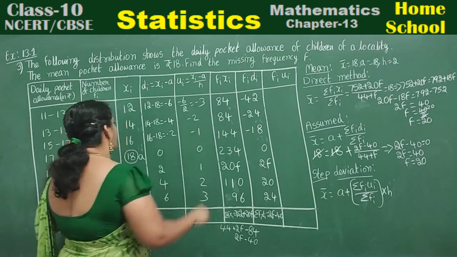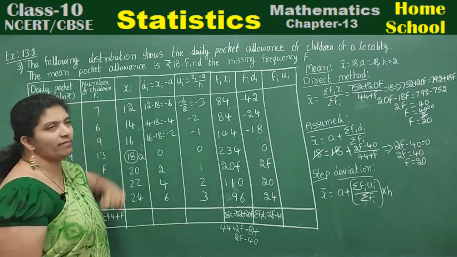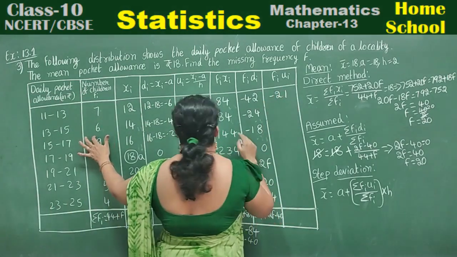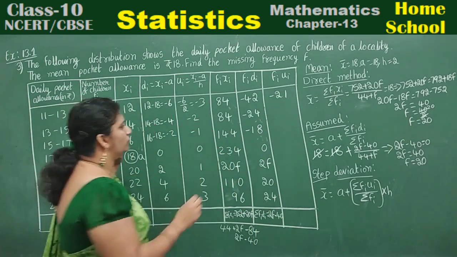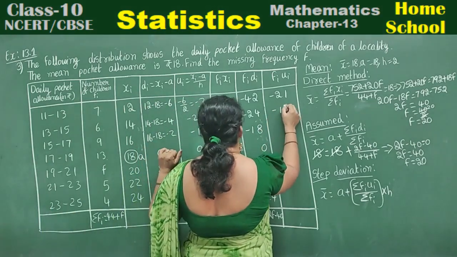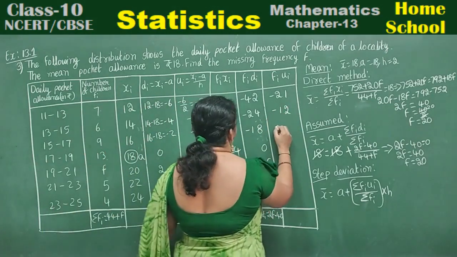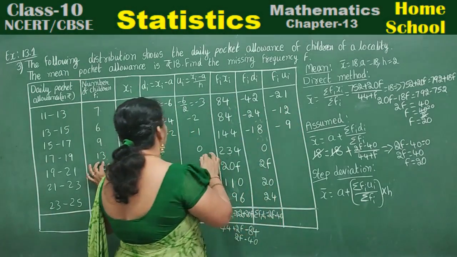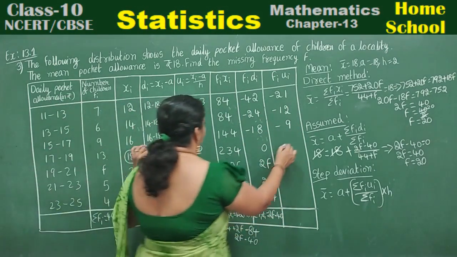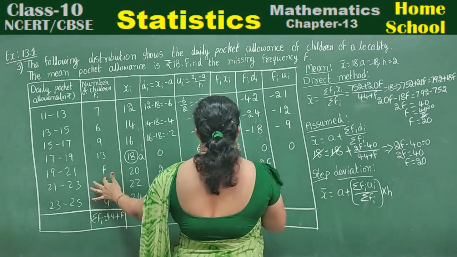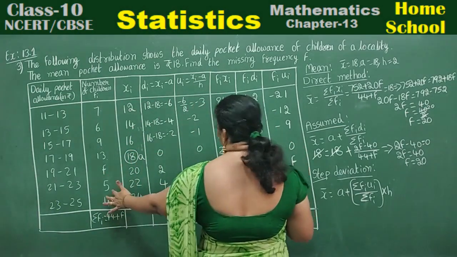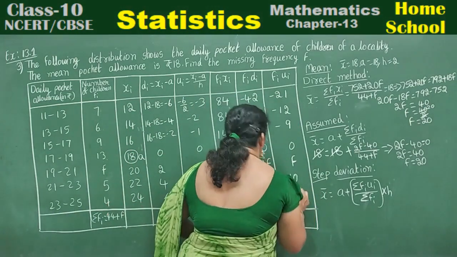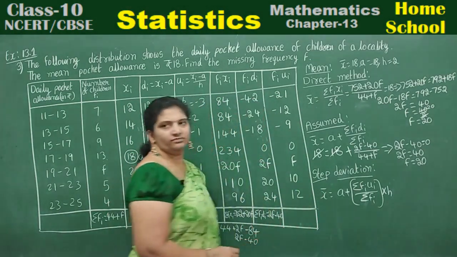Observe the columns carefully. 7 into minus 3, minus 21. 6 into minus 2, minus 12. And now 9 into minus 1, minus 9. 13 into 0, 0. f into 1, f. 5 into 2, 10. 4 into 3, 12.